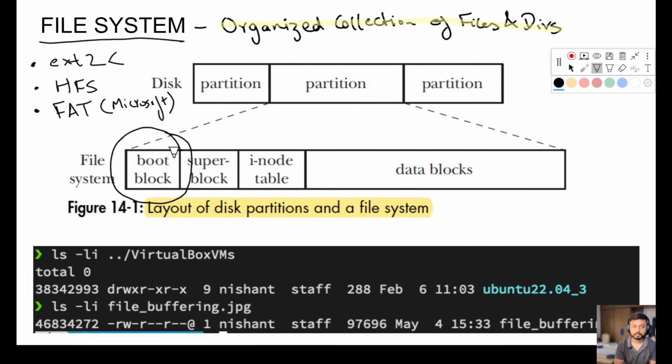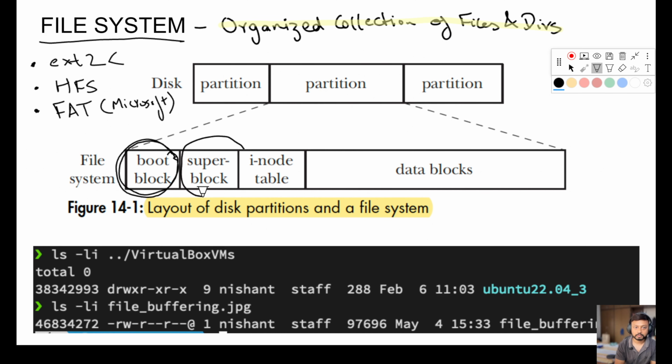The first information it holds is in the form of a boot block. This has nothing to do with the files this file system holds. It is used by the OS during the boot up process.